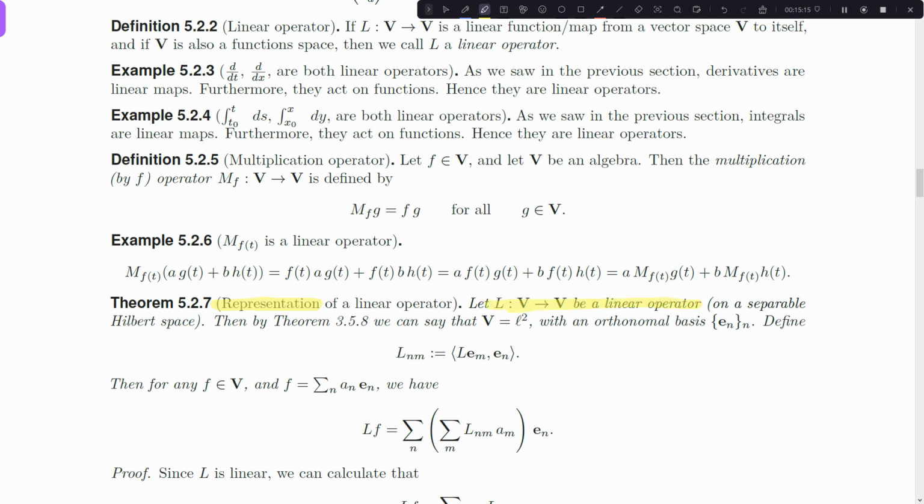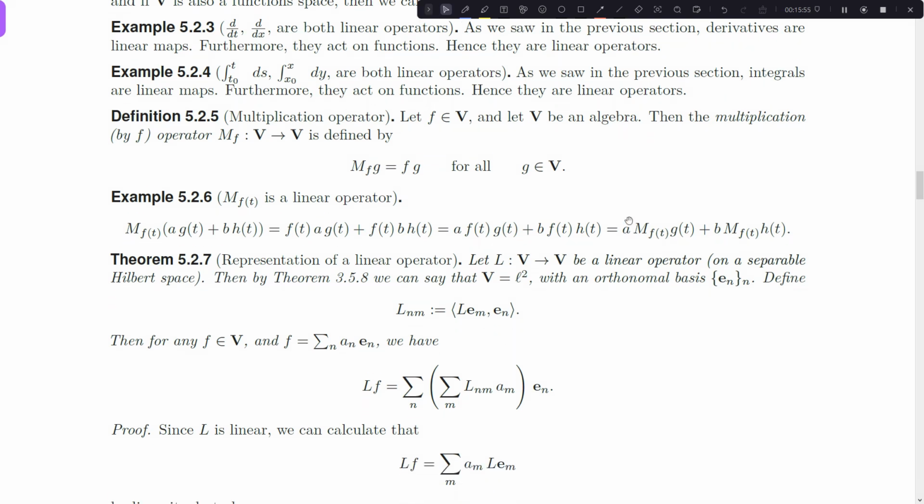This could be any linear operator, and we're going to give L the representation of an infinite matrix. Okay, so that's what this theorem is all about: can I reinterpret a linear operator L, which acts maybe on an infinite dimensional space, as an infinite sized matrix.